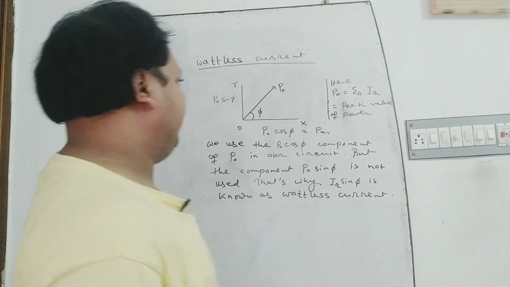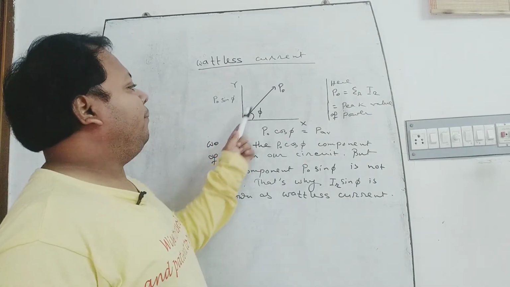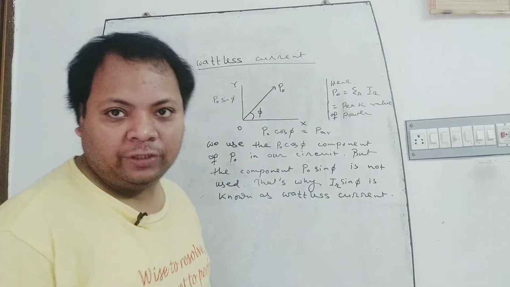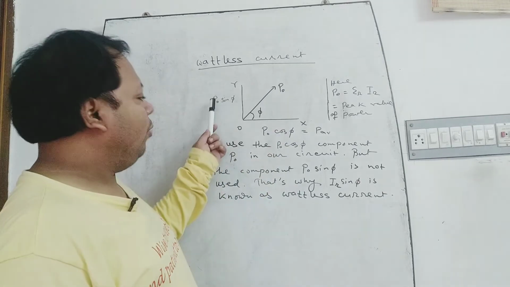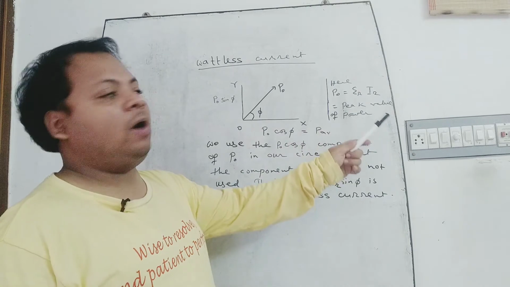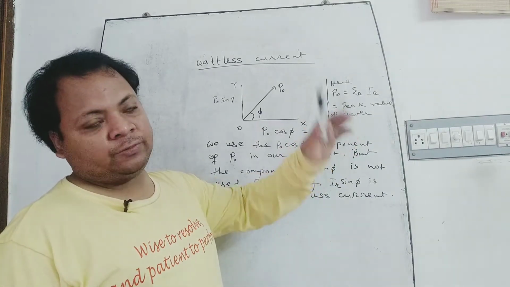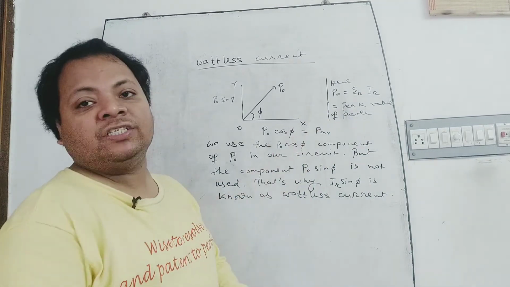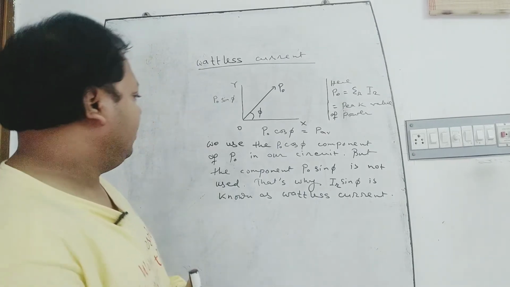Next, wattless current. We resolve P0 into two mutually perpendicular components, along the x-axis P0 cos phi and along the y-axis P0 sin phi. Here P0 is the peak value of the power, the product of the RMS value of current and the RMS value of EMF.